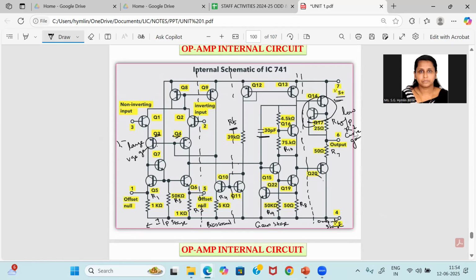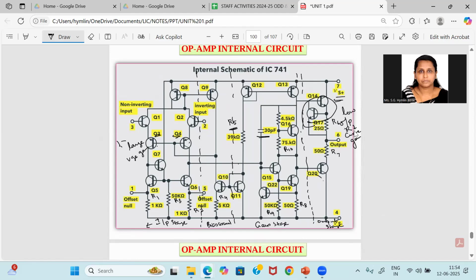The output of the gain stage is connected to the base of the next transistor. It is biased by transistor Q13, which also drives Q18 and Q19, which are used for establishing the Q point between the transistors Q14 and Q20.